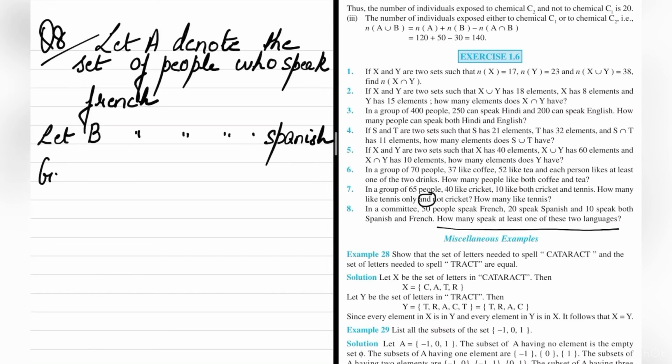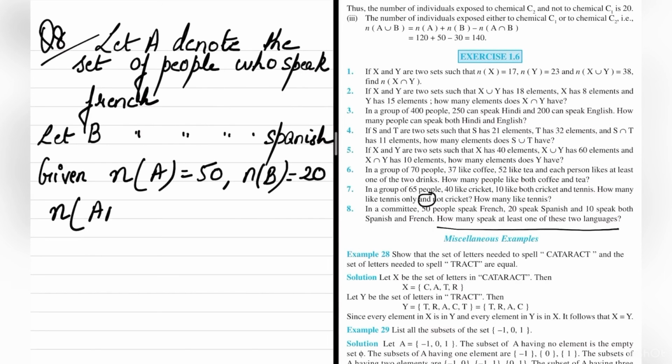Now what is given to you? It is given that n of A is equal to 50, n of B is equal to 20, and 10 speak both Spanish and French. Therefore the number of elements in the intersection is 10.